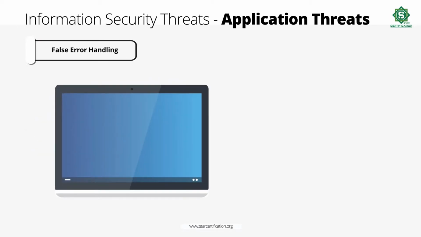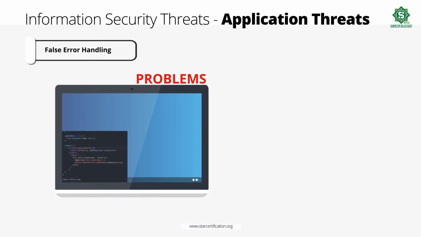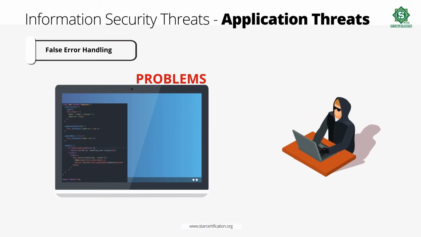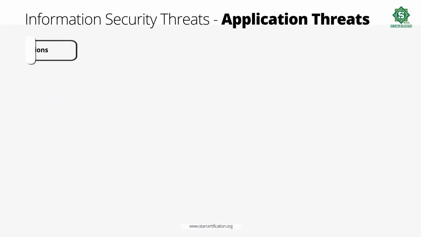False error handling. Applications go through a variety of problems, due to which they may unintentionally let out sensitive information. Hackers take advantage of these errors to steal sensitive data or cause serious damage to the system. Security misconfigurations.